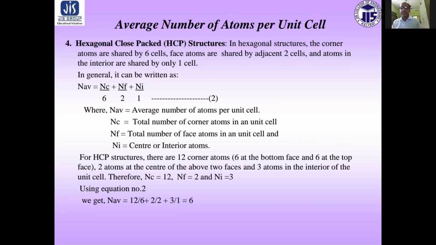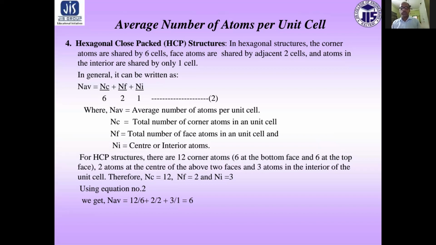Next, we need to calculate the average number of atoms in a hexagonal close-packed structure. In a hexagonal structure, the corner atoms are shared by 6 cells, face atoms are shared by 2 adjacent cells, and atoms in the interior are shared by only 1 cell. The HCP structure is totally different from the cubical structure.